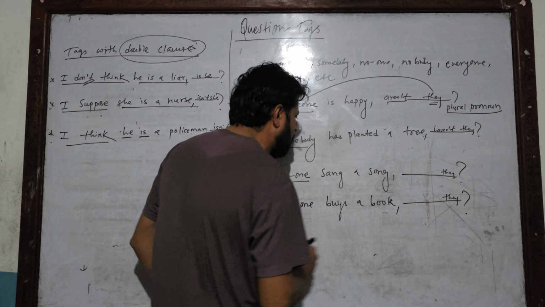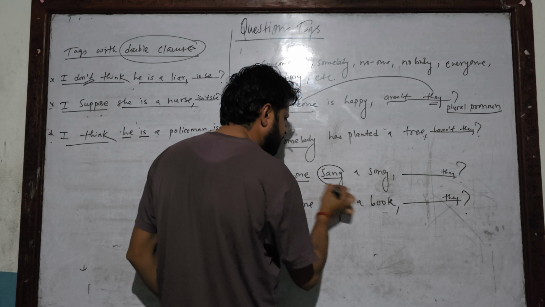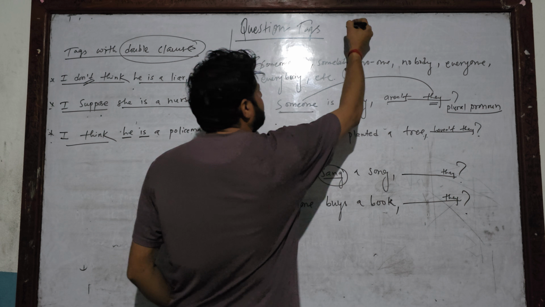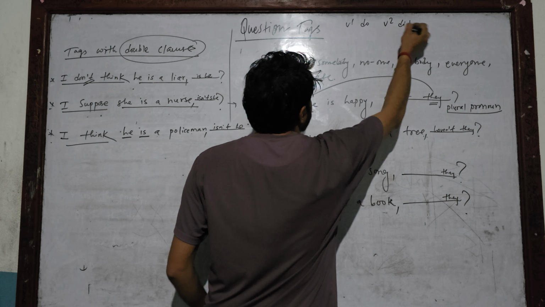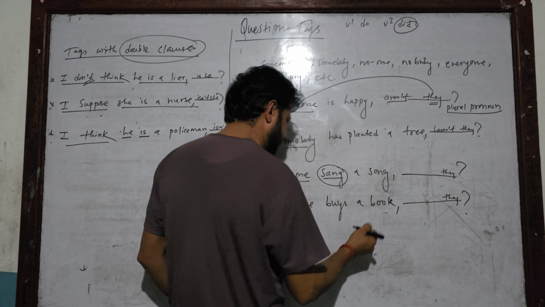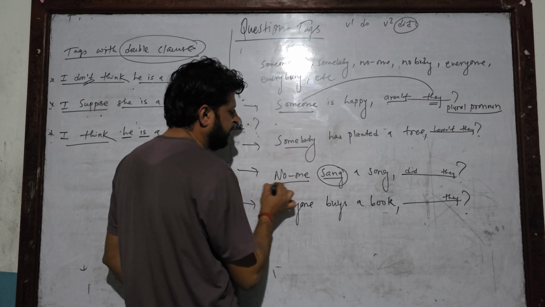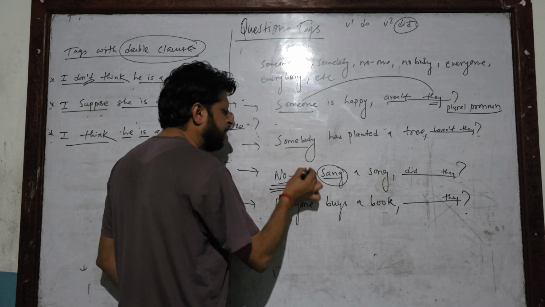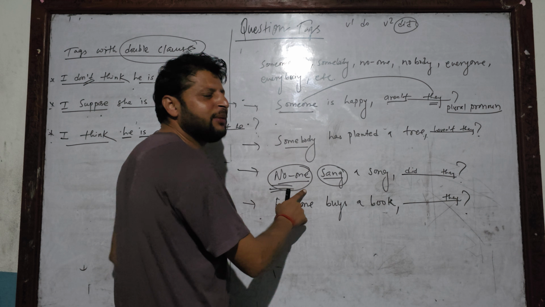No one sang a song. No one sang. Past tense here. They. Right? Present tense, do. Past tense, we write what? Did. So what do we write here? Did. Because this is already negative here, so we don't write negative. Did they? This is a negative statement.